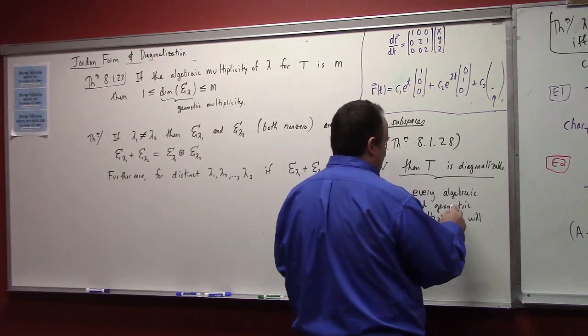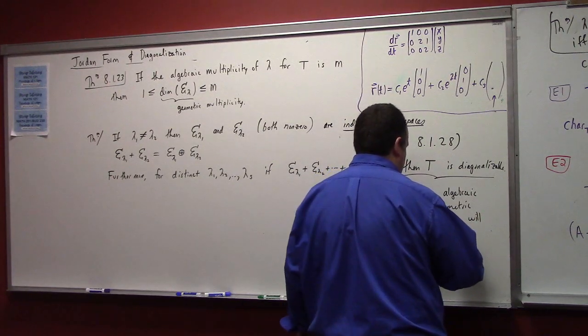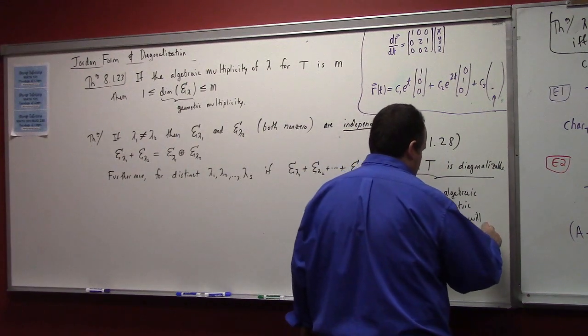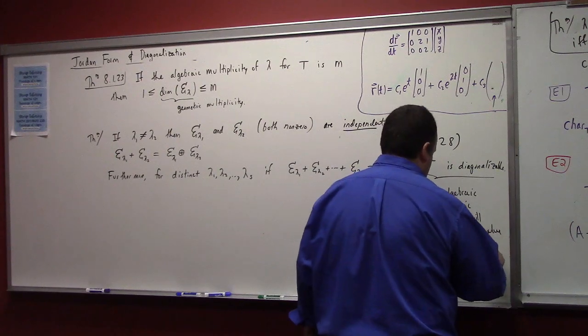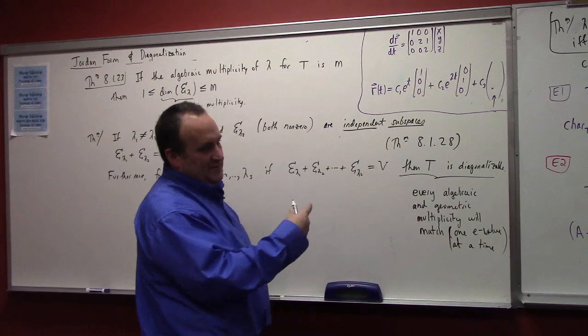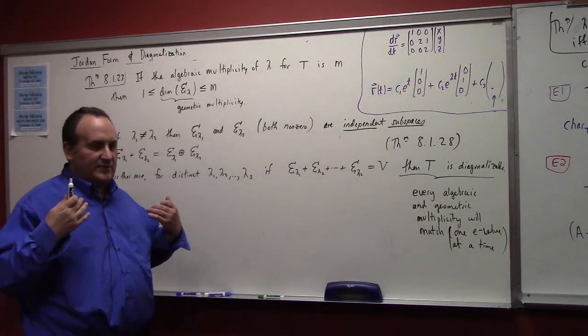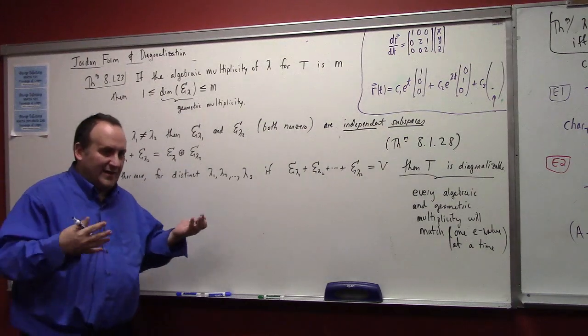And I mean eigenvalue by eigenvalue, right? One eigenvalue at a time. Because if even one of them doesn't match, that signifies that you didn't have as many eigenvectors geometrically as you had algebraically, which means you're missing something, which means you can't form an eigenbasis.